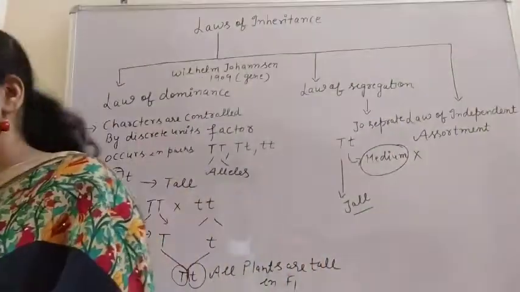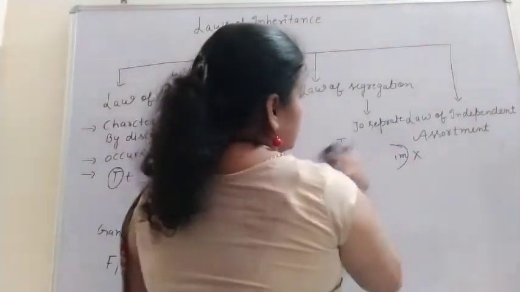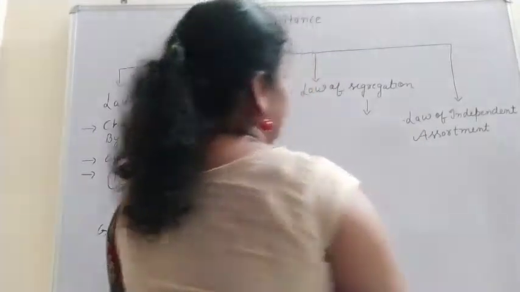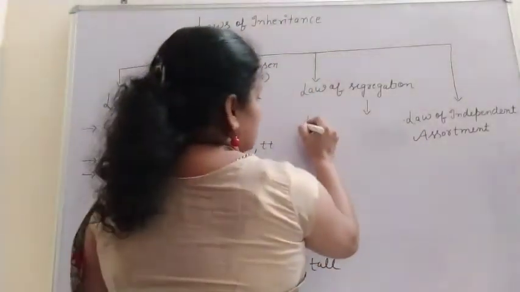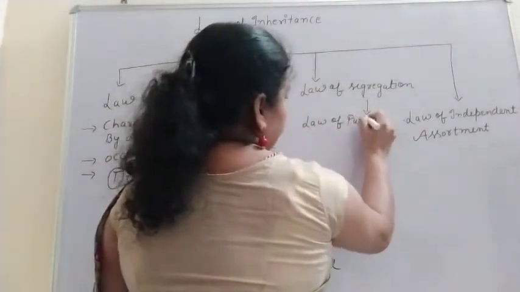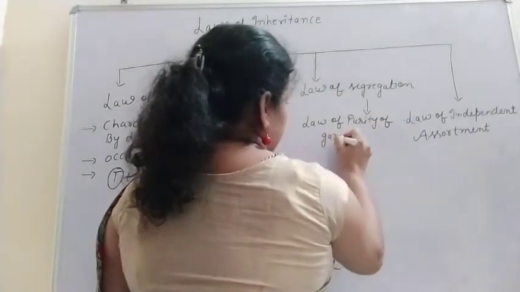Means the gametes are pure here. Why are these pure here? Because during gamete formation, one gamete has only one allele. So this is also known as the law of purity of gametes.